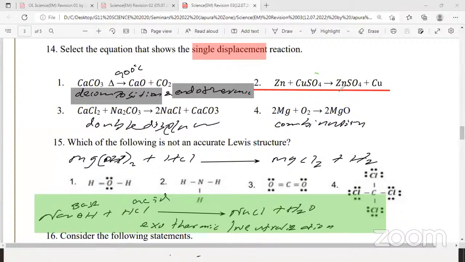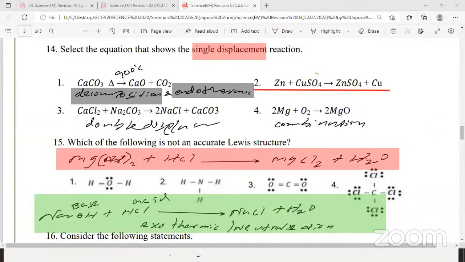So this is a neutralization reaction as well as an exothermic reaction. Any acid-base reaction is a neutralization as well as an exothermic reaction. So this is also very important. Other than the grade 10 reaction types, they can ask about these three types also: exothermic, endothermic, and neutralization reaction.